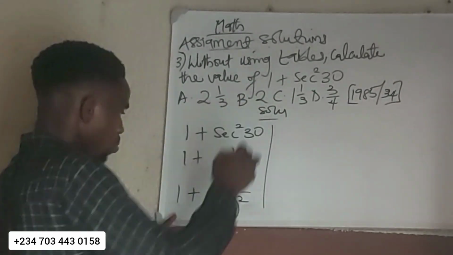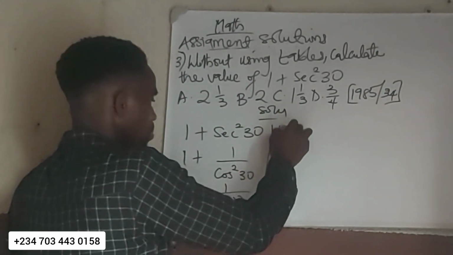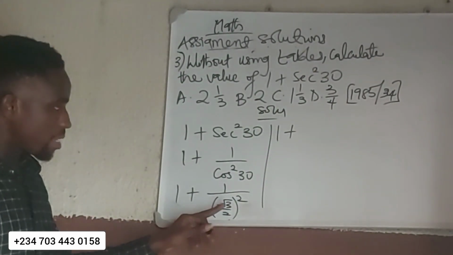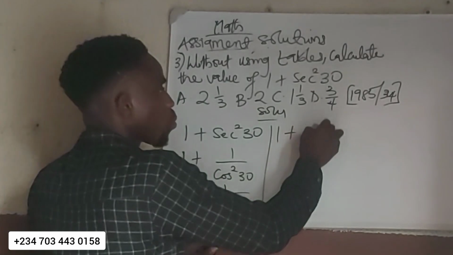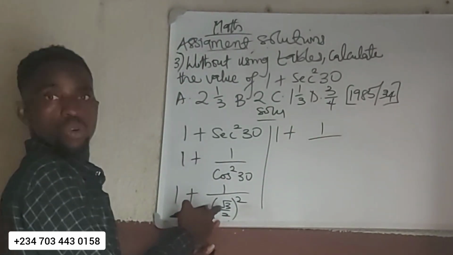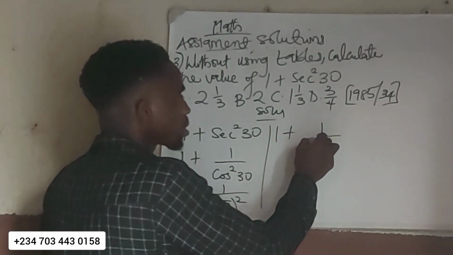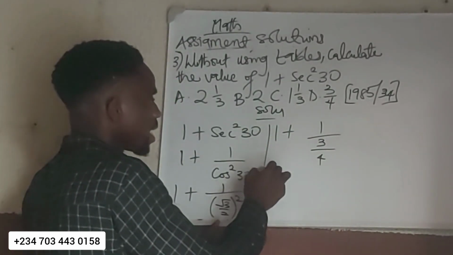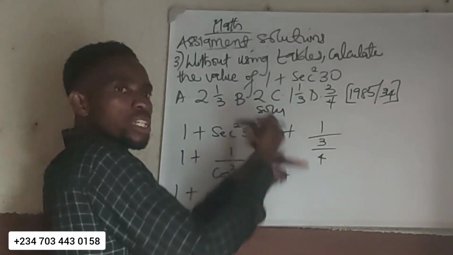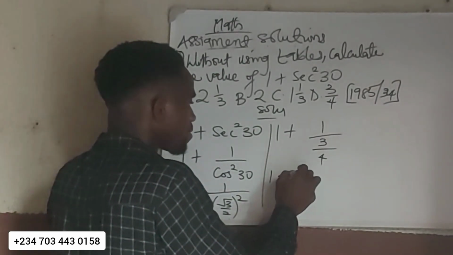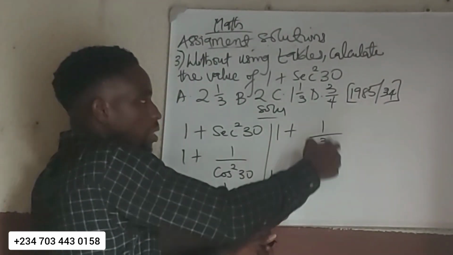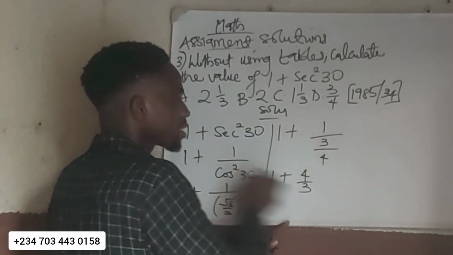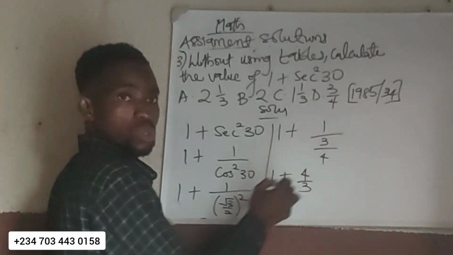And then we are going to have 1 plus, this is inverse, but before we talk about the inverse, let's square this. So we have 1 upon, we square root 3 to get 3 upon square 2 to get 4. And then this is 1 plus, you now turn this upside down because this is 1 upon this fraction, so this fraction is going to turn upside down to have 4 upon 3. So that's what we have to add.